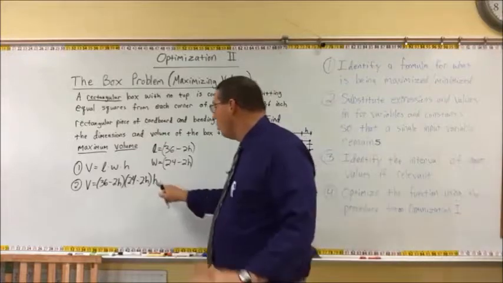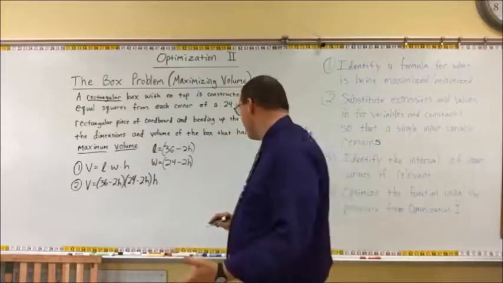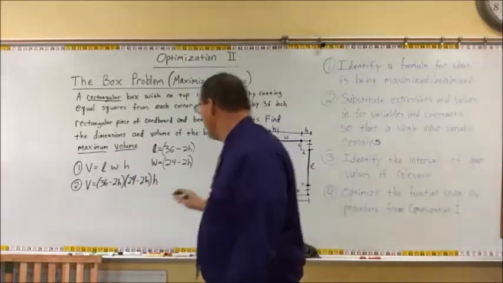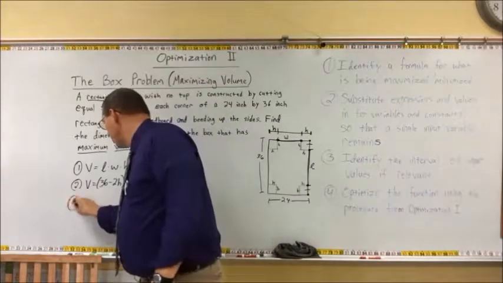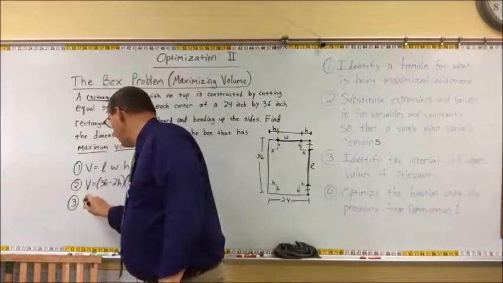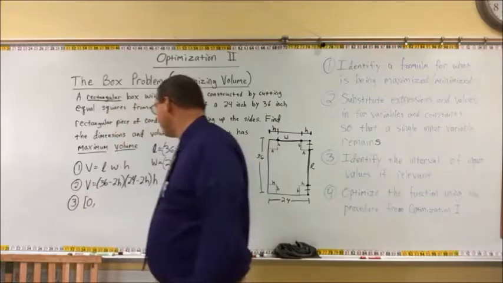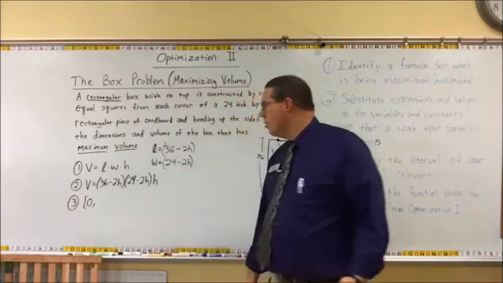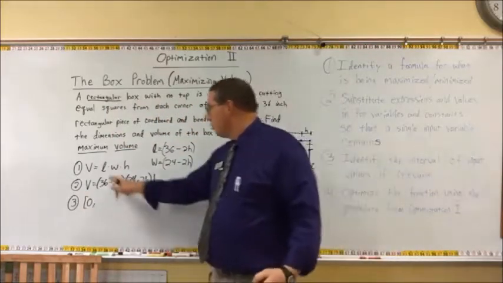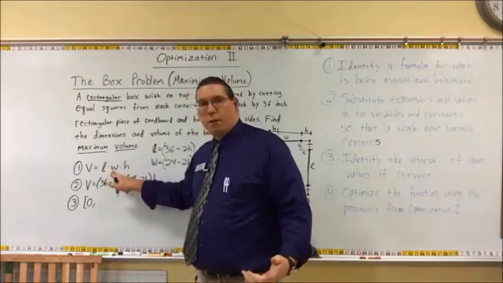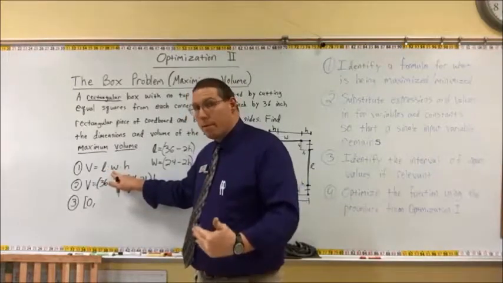So height can only be as small as 0. So for step 3, we're going to say that the smallest value that h can be is 0. And then, similarly, length and width, the shortest they can be is 0.